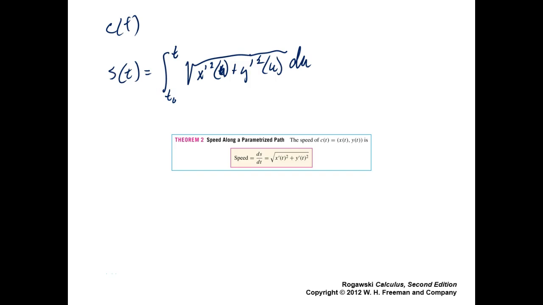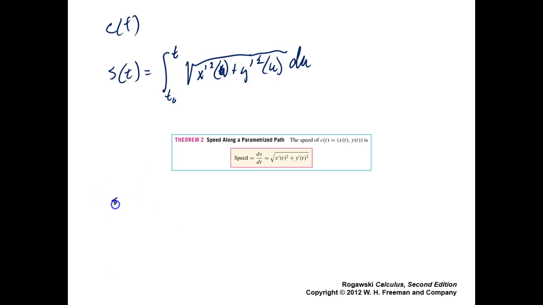On the other hand, speed is defined as the rate of change of distance traveled with respect to time. So by the fundamental theorem of calculus, speed, and this is where things get a little funny, because sometimes we use S to represent speed, especially in physics. The S here is representing arc length, so don't let it be speed.